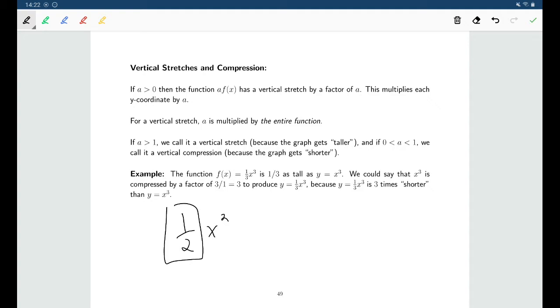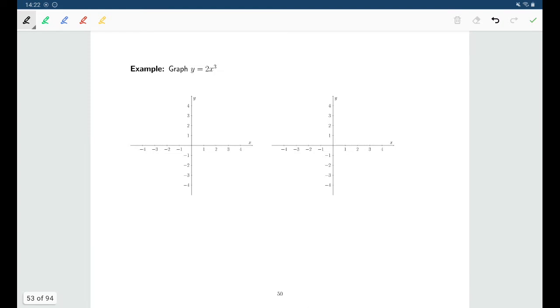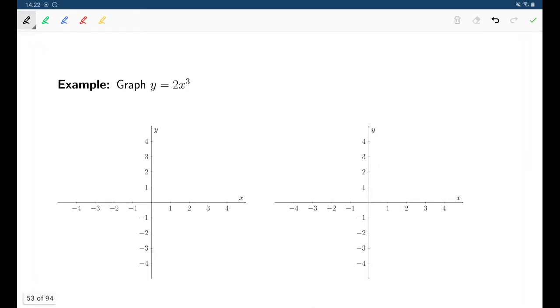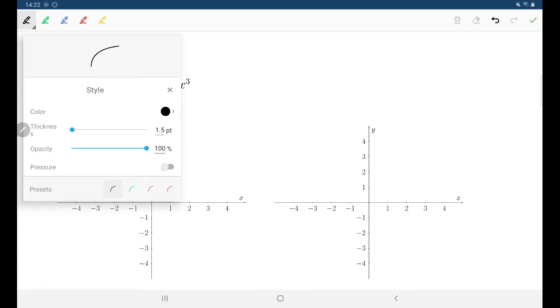So the thing to remember here, as always, is that vertical transformations are done to the entire function and they affect the y coordinate. So to take a look at this next example, y equals 2x cubed, I can see that it's not just the x that's being multiplied by 2, it's x cubed that's being multiplied by 2.